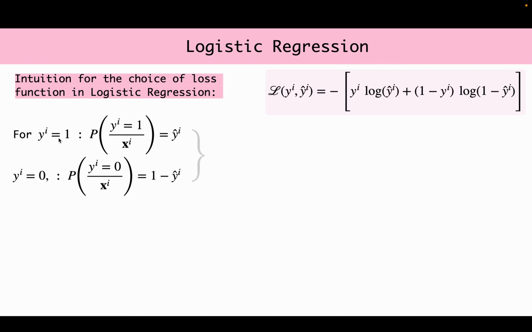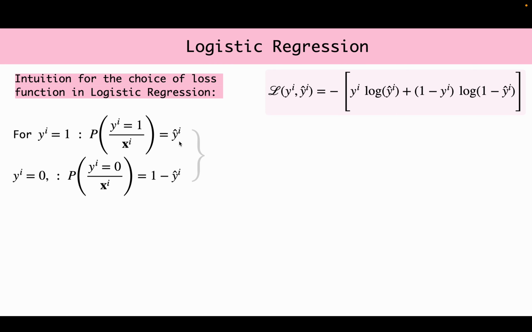For yi equal to 1, we expect the output for a given input xi as the probability of yi equal to 1, which is notated as yi cap, and for a given input xi, the probability of yi equal to 0 is 1 minus yi cap. As we know that the output in logistic regression is the probability of being in one of these classes, we need these two probabilities, and our goal is to maximize these probabilities.